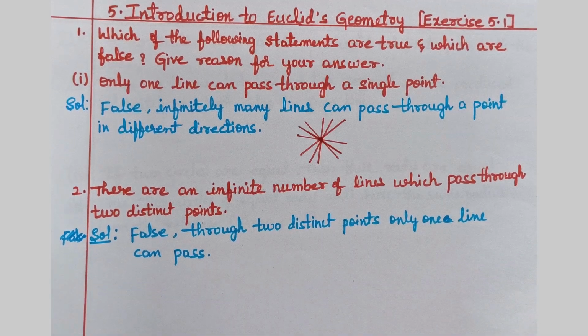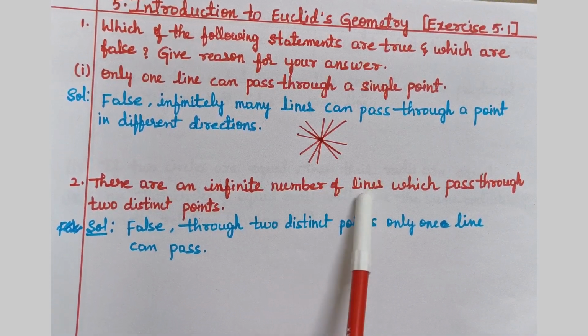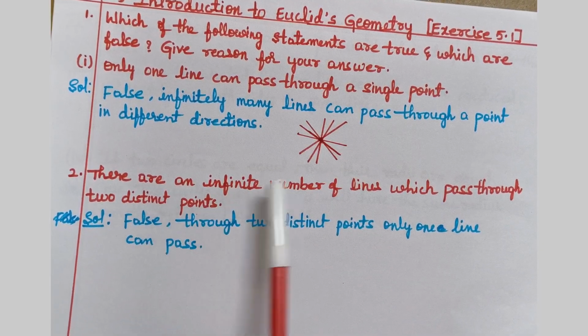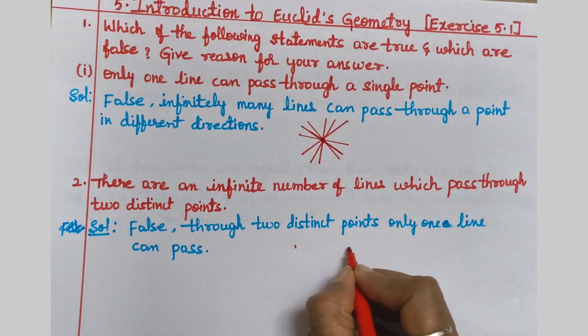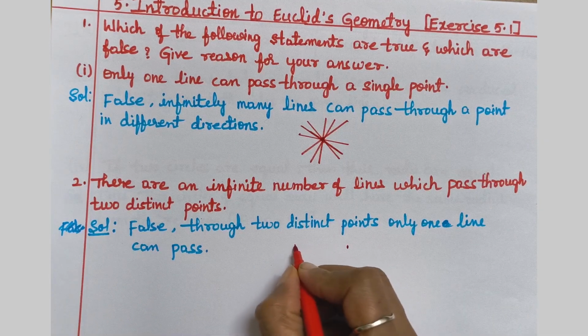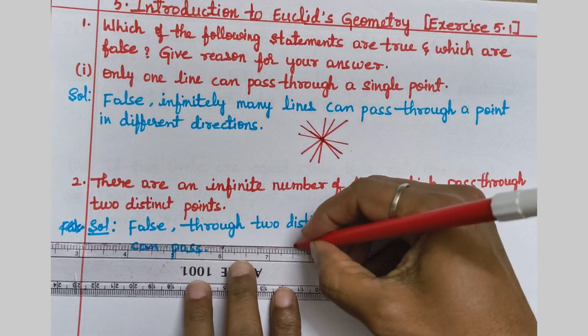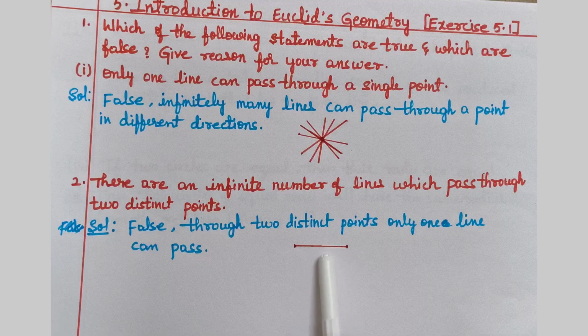Okay. Next, second question. There are an infinite number of lines which pass through two distinct points. So I am taking two points, two distinct points, and now I am joining. Through two distinct points, how many lines are possible?